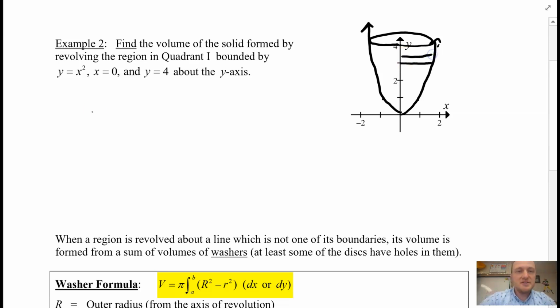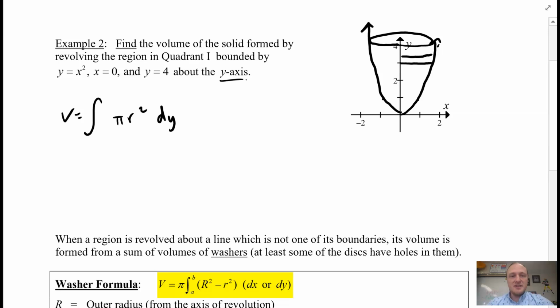So I know that this integral is going to be with respect to y. My cross section, or my rotation, is still a disk, so that formula is going to be pi r squared dy, and since I am rotating about the y-axis, my bounds need to be in terms of y.